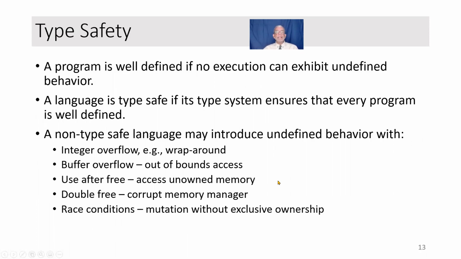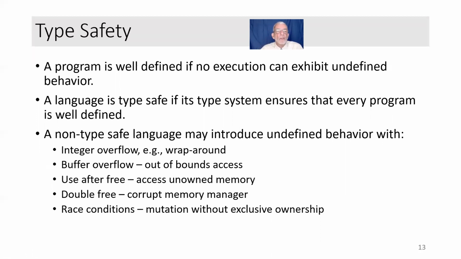So type safety. Type safety is a model. A program is well defined if no execution can exhibit undefined behavior. And I'm going to show you a little snatch of undefined behavior in C++ in just a minute. You can't get that in Rust because of its memory model.